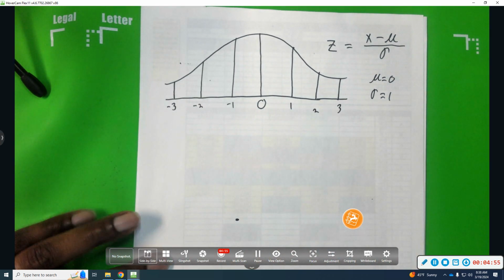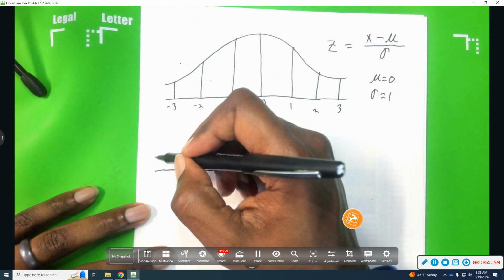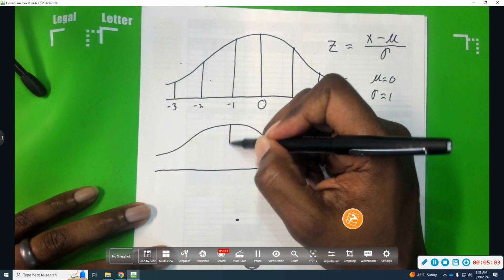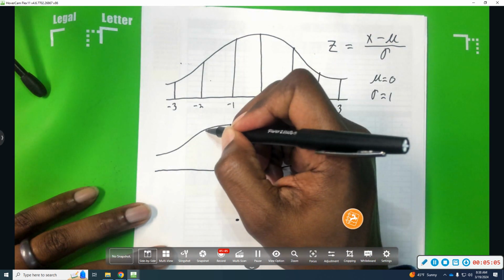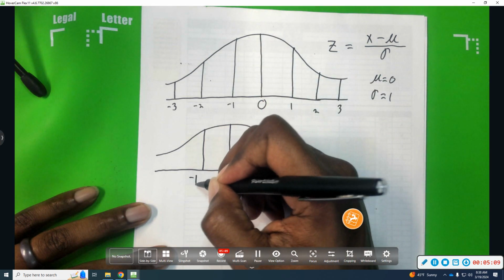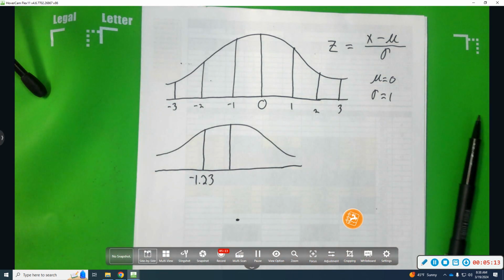If we wanted to find area to the left, that's exactly what our table gives us. There's different scenarios. Let's say I want to find the area to the left of negative 1.23. There is a table in the textbook.